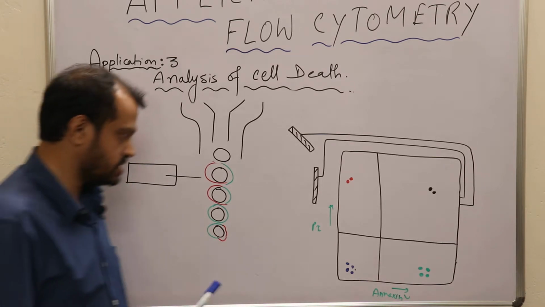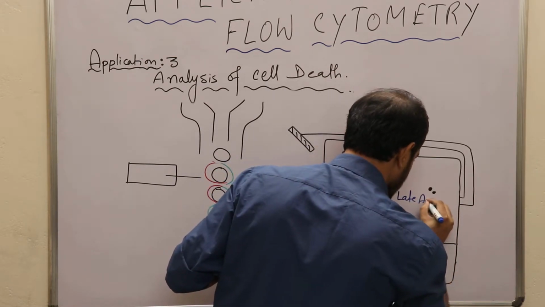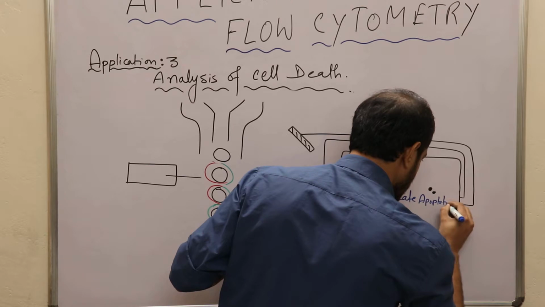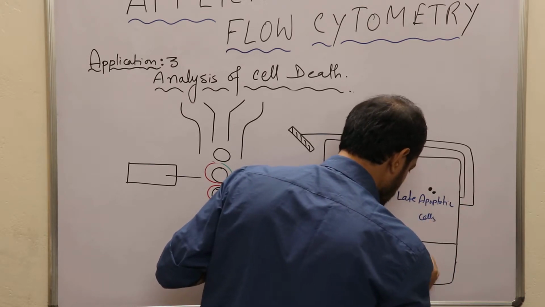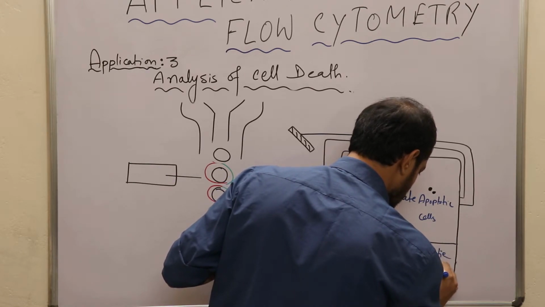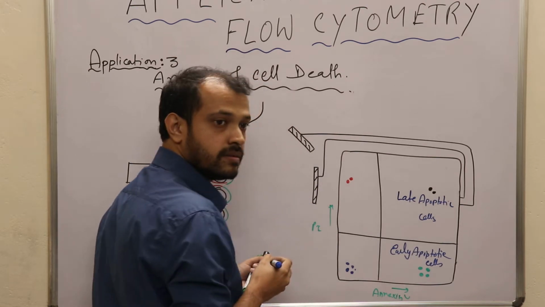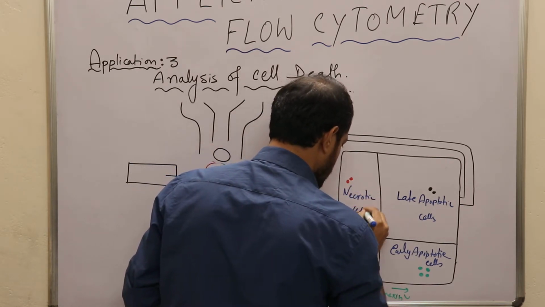Now, this is what? Late apoptotic cells. This is what? Early apoptotic cells. This is what? Necrotic cells. This is what?